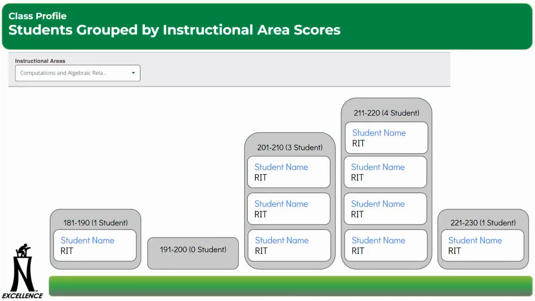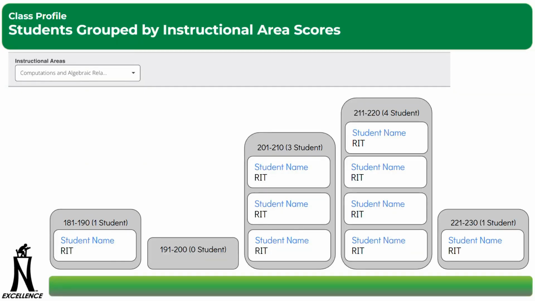So let's look at this group here. This instructional area is computations and algebraic relationships, and we have students here who scored from the 181 to 190 RIT band to the 221 to 230 RIT band. So what are the instructional moves that I might have for this group?